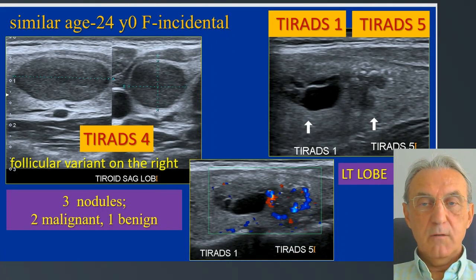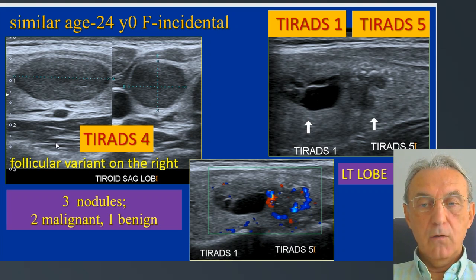So this is the second part of our thyroid ultrasound lecture. Here there's a young female student. The incidental finding is that she has 3 nodules on both sides.